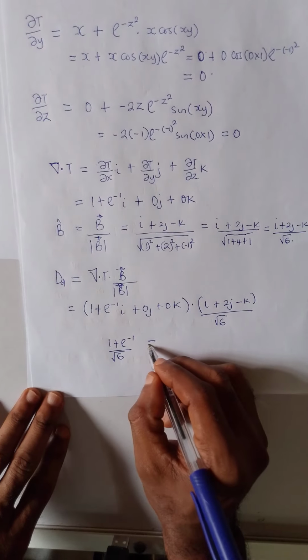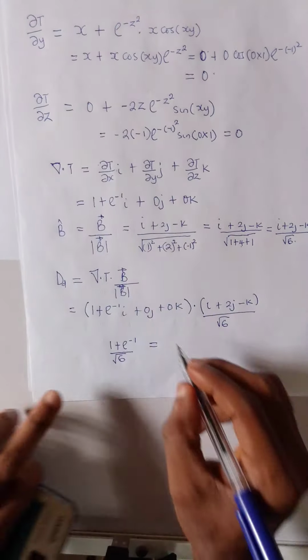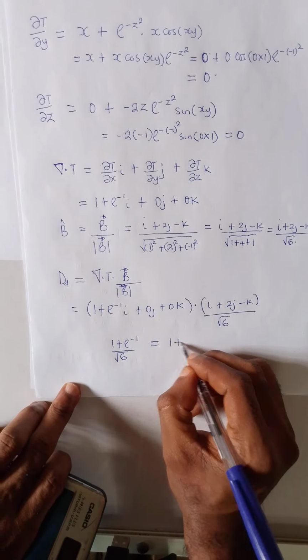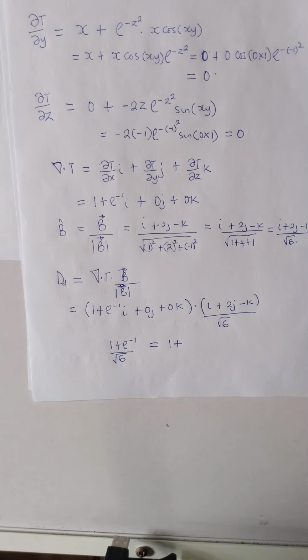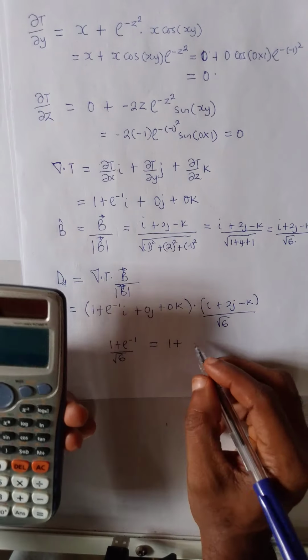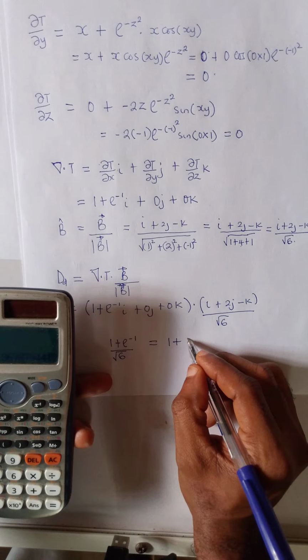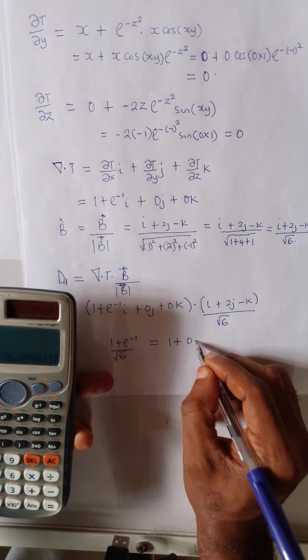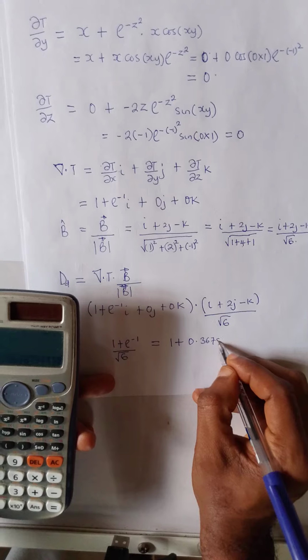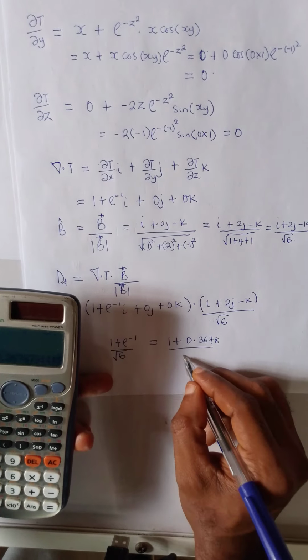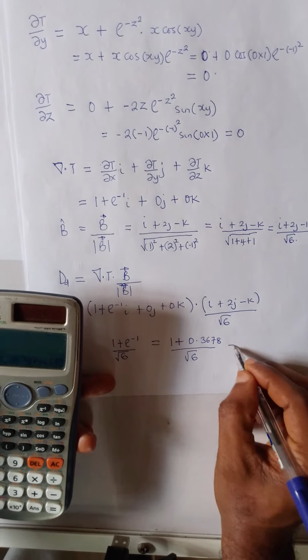So we can now use our calculator to find 1 plus exponent minus 1. The value of exponent minus 1 is 0.3678. So we divide it by root 6.